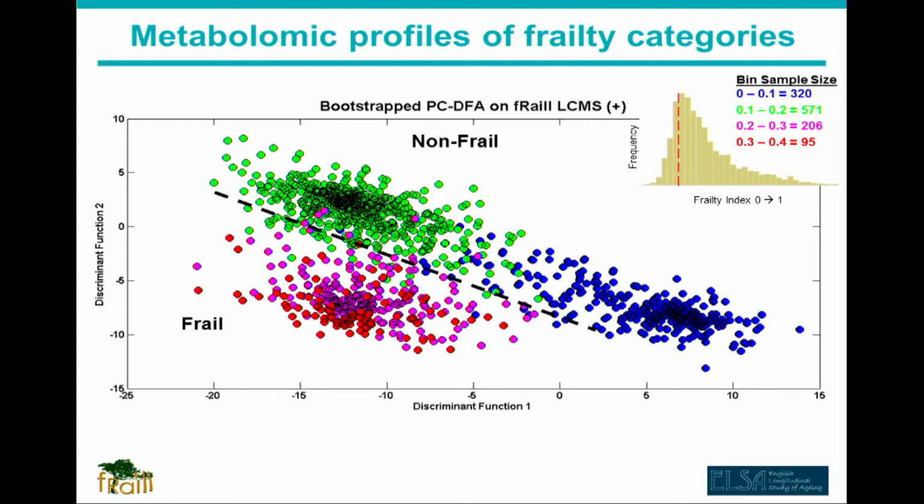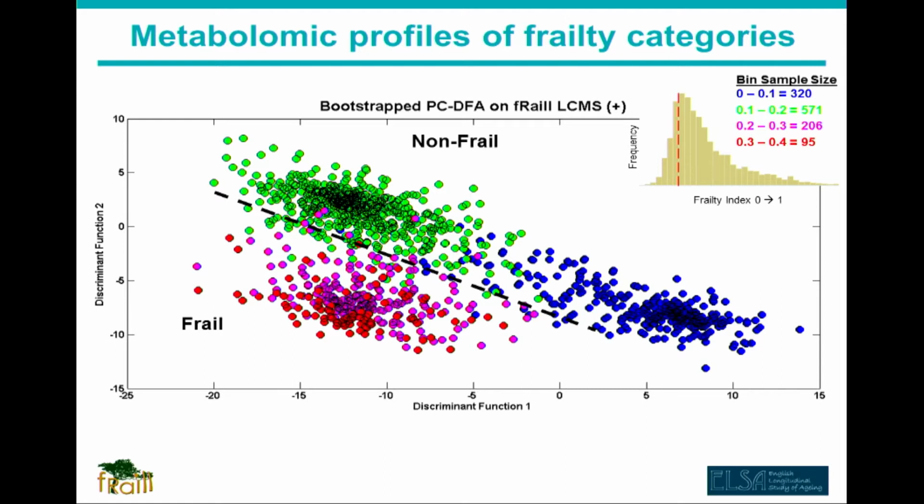And again, I'm going to have to read a little bit to explain this to myself as well as to you. So this is a principal components analysis, using principal component discriminant function analysis, which is intended to separate out individuals on the basis of the principal components that are identified in their metabolomic profiles.